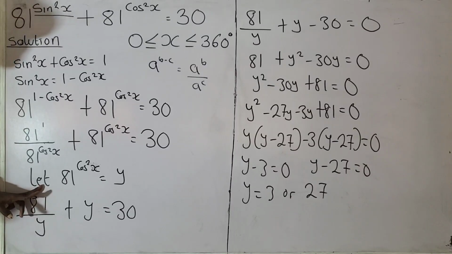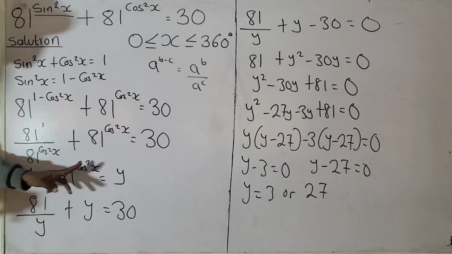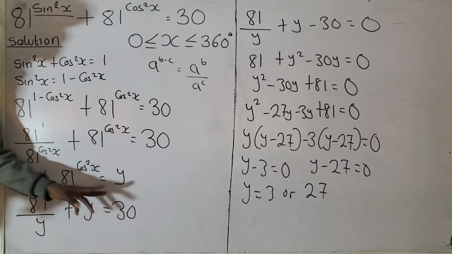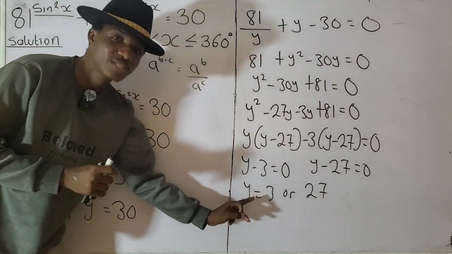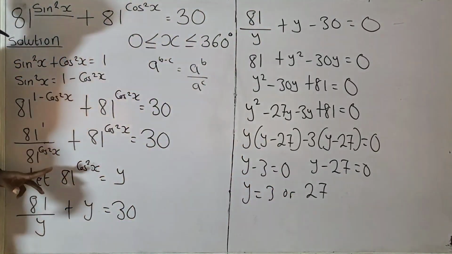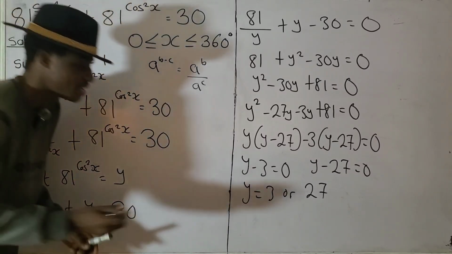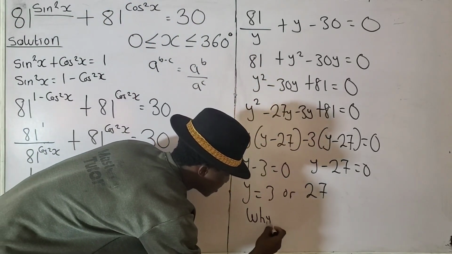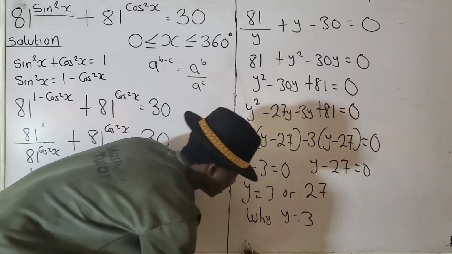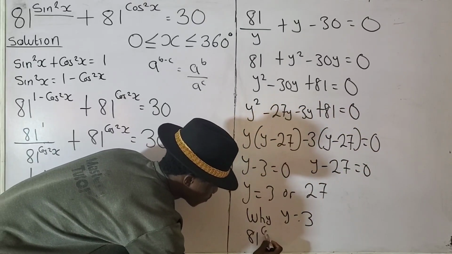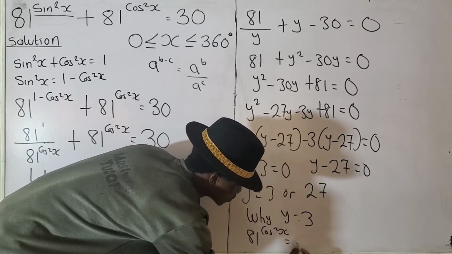So you come back to this. Since you said let 81 raised to the power of cos²x equal y, let us choose each of these values of y and set it equal to 81 raised to the power of cos²x. So let's see, when y equals 3, 81 raised to the power of cos²x will be equal to 3.